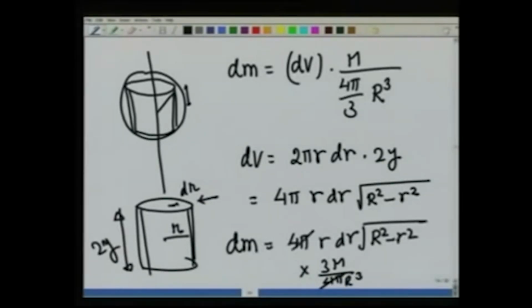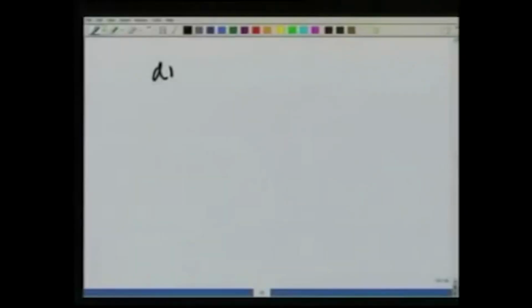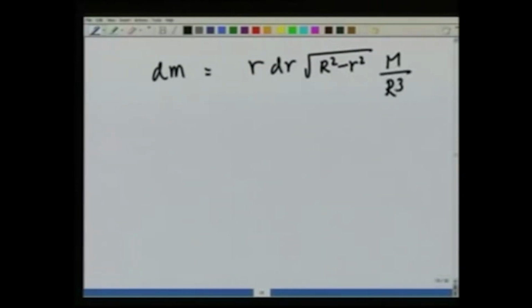This 4 pi cancels, and therefore, I get as the mass of this shell dm equals 3m r dr square root of R square minus r square over R cubed.